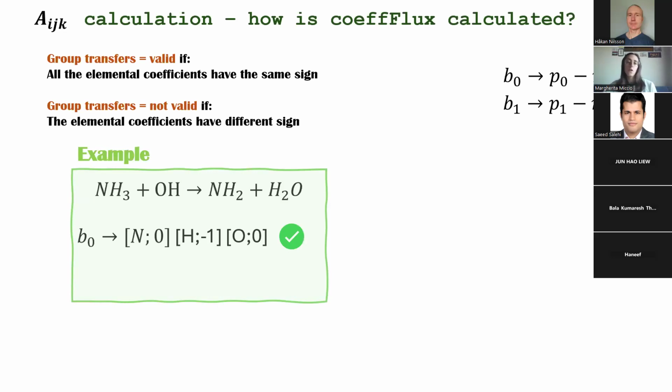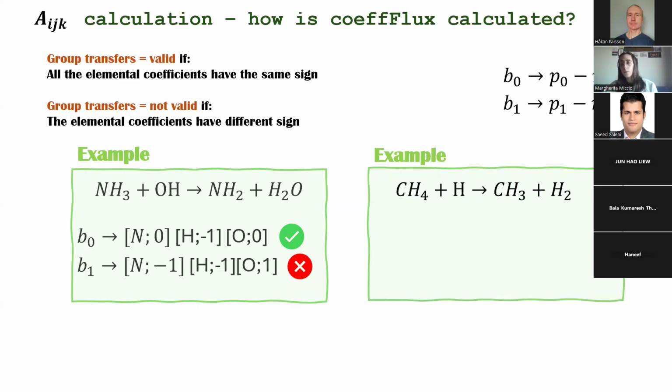B0 was 0, minus 1, and 0. So it was valid because it's all non-positive. 0 doesn't count. And then B1 instead has minus 1 and 1, so it doesn't have the same sign. And B1 is not valid as a group transfer, while B0 is.